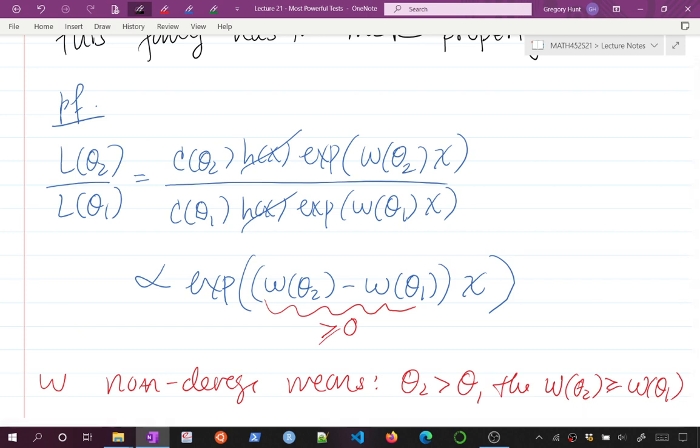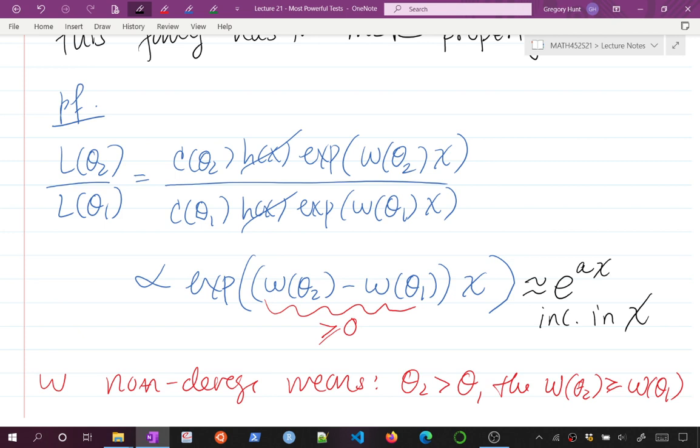And so this thing basically looks like e to the some positive constant, let's say a, times x, and this is increasing in x. So it has the MLR property. It basically looks like e to the ax for some positive a, and so that thing is increasing in x. And so for exponential families, it's very easy to show they have the MLR property. So you write it in this form, and you check that that w has the right form.